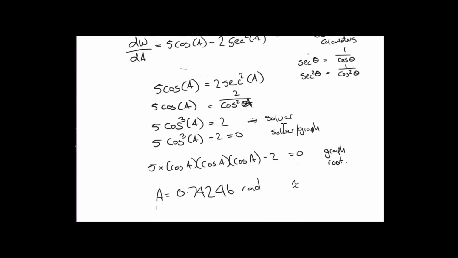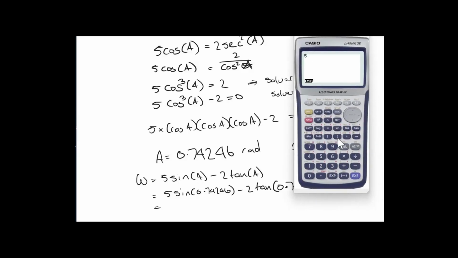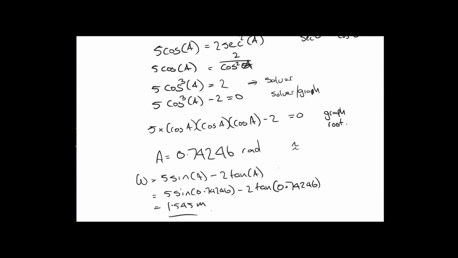So W is 5 sine A minus 2 tan of A. So 5 sine of 0.74246 minus 2 tan of 0.74246 equals 1.545 meters, and that's the final answer.